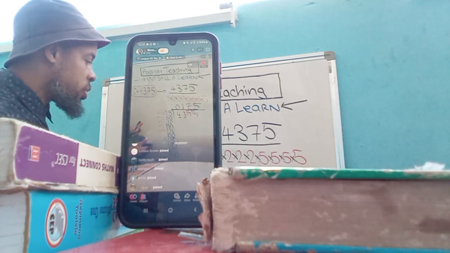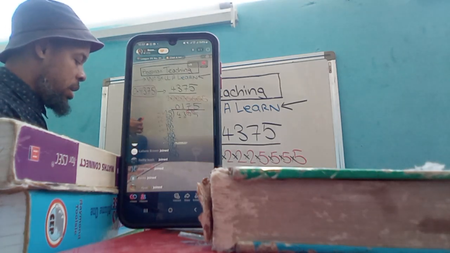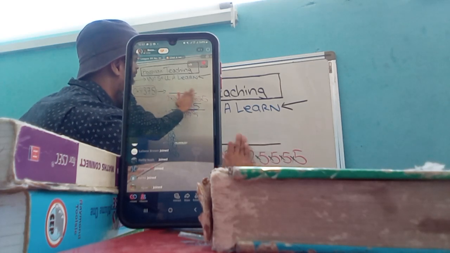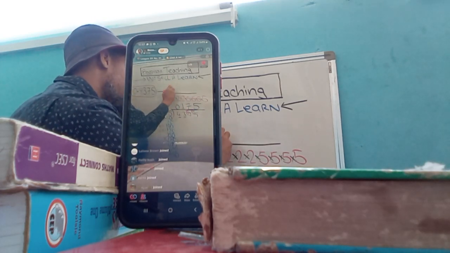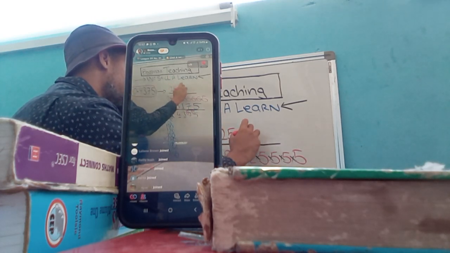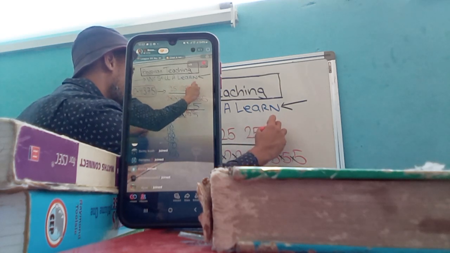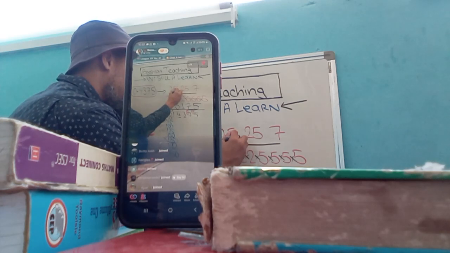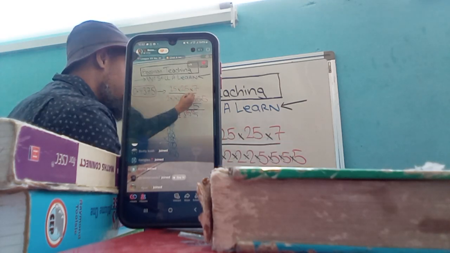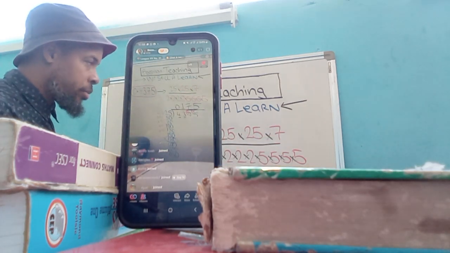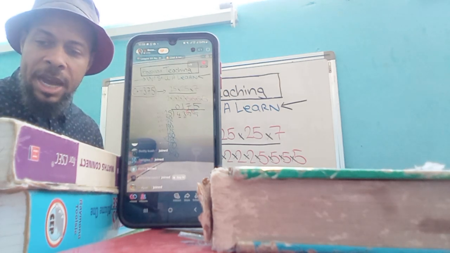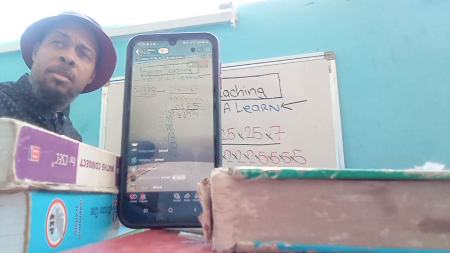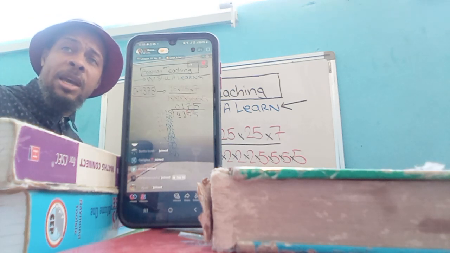So that means let us just change this to 25 times 25 times 7. We can't do that. Alright. So one more before we get done with all of this.